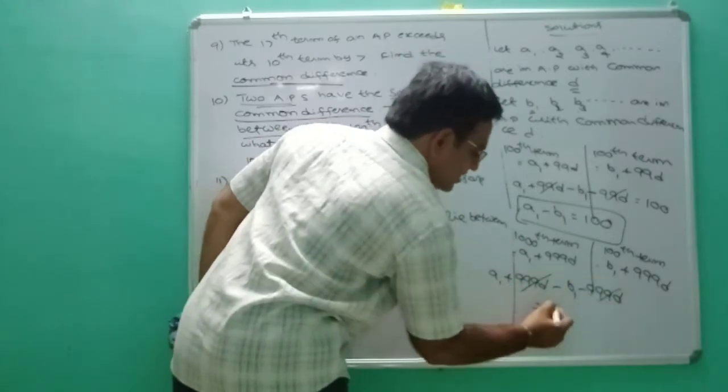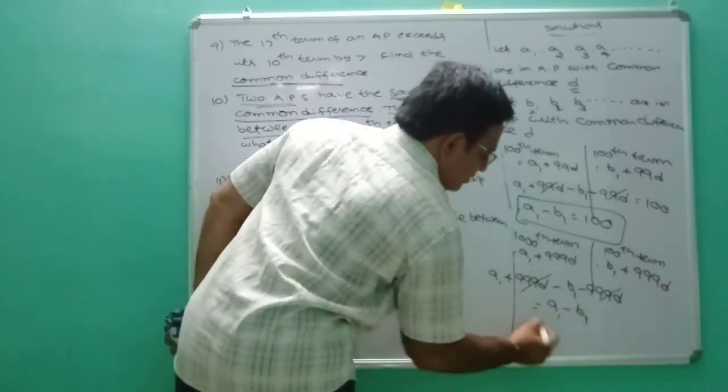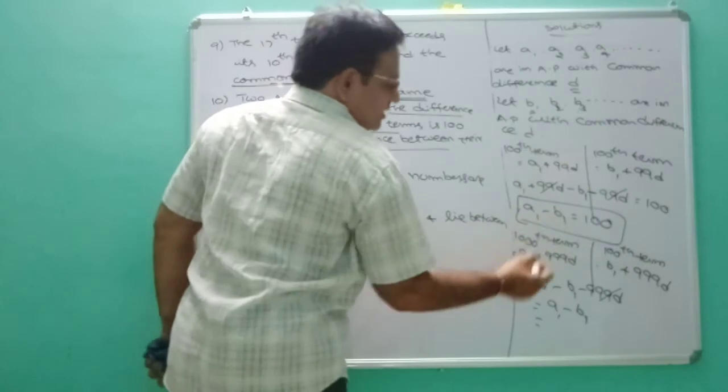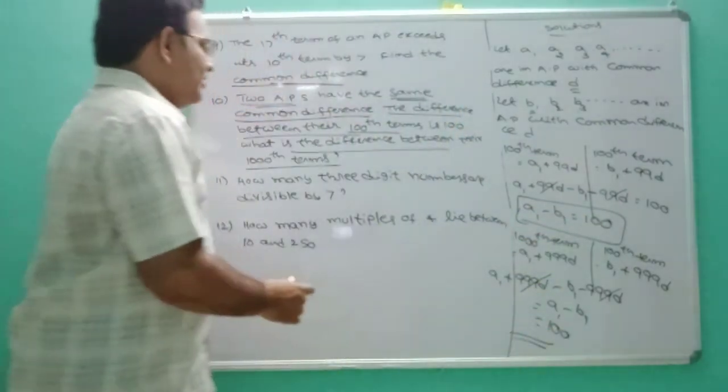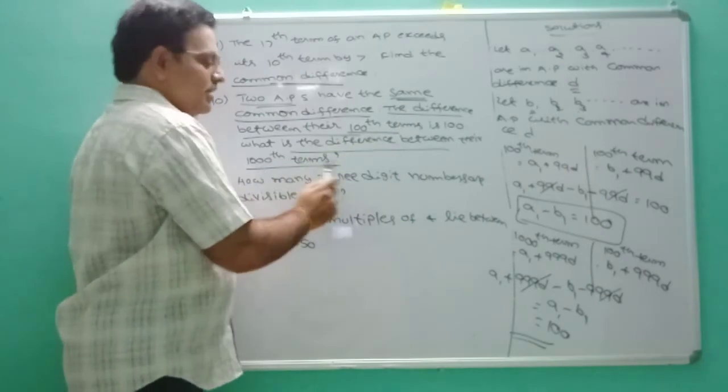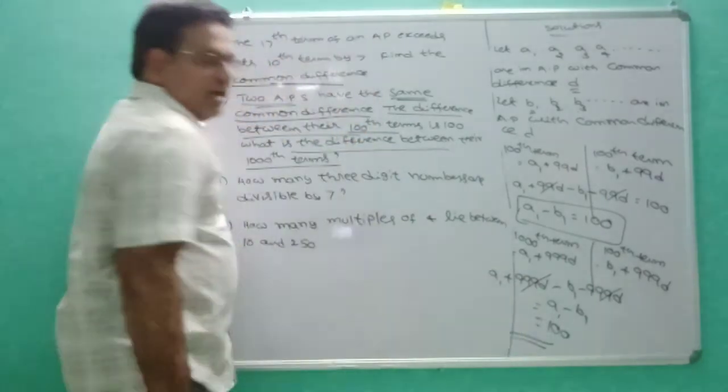Both get cancelled, and you get A1 minus B1. The value of A1 minus B1 is 100. So the difference of the 1000th terms is 100.